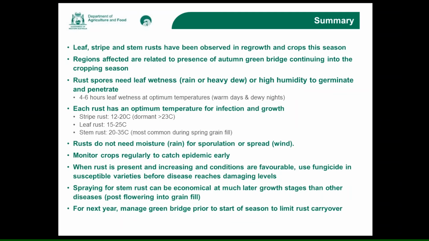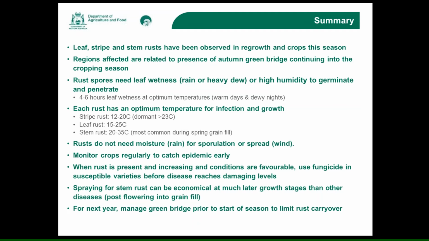So the first point to note is that for the first time in a while we've been seeing leaf, stripe and stem rusts observed in both regrowth and crops this season. Why this year? A lot of the reports that we've seen have been related to the presence of an autumn green bridge, which has been continuing into the cropping season.